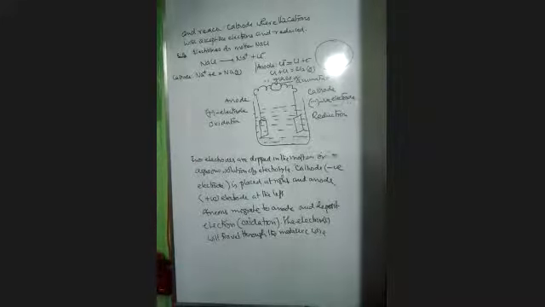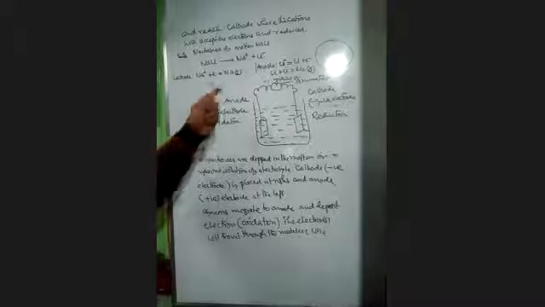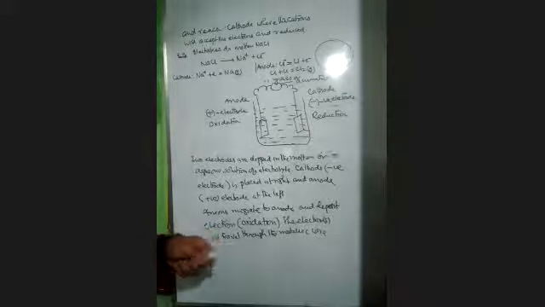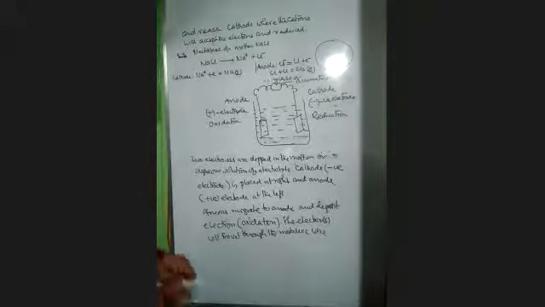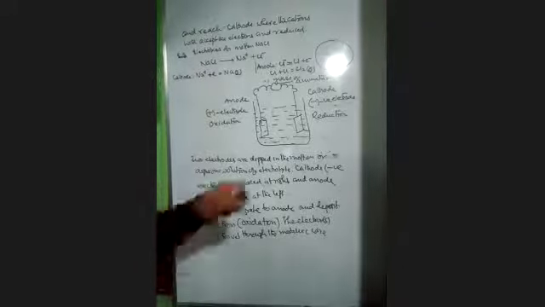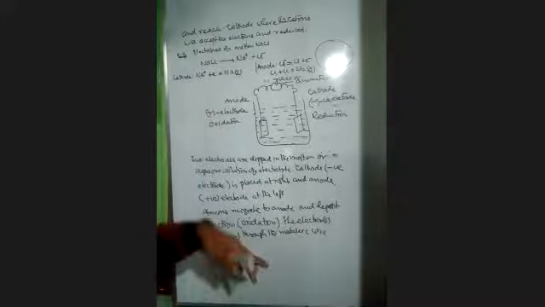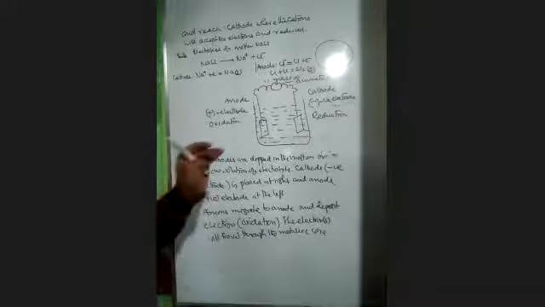So in that case, what is going to happen? If you pass this electricity continuously through the molten sodium chloride, a time will come when all the sodium chloride will decompose to give you sodium and chlorine. Because of that, we say it is non-spontaneous, because if you melt sodium chloride and keep it for your whole life, it will remain molten sodium chloride and will never give you sodium and chlorine.